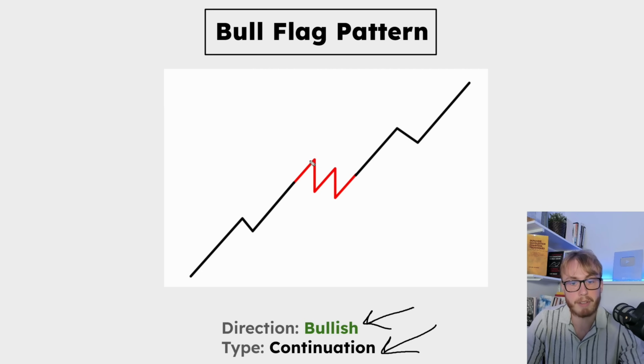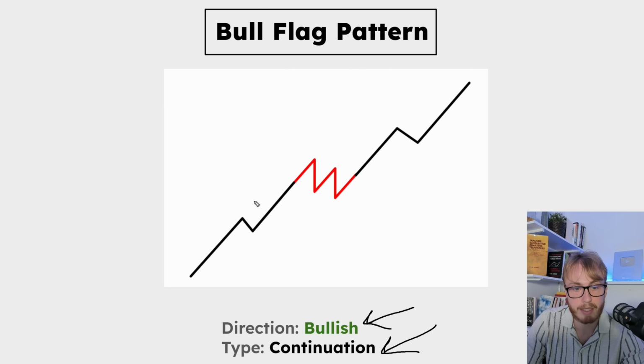What we need to identify to find a bull flag is that we first need to identify an impulsive move like this, and then we want to see a pullback. This is very simple. A pullback is a move against the direction of the trend. And in this pullback, we're usually looking out for a few lower highs and a few lower lows.